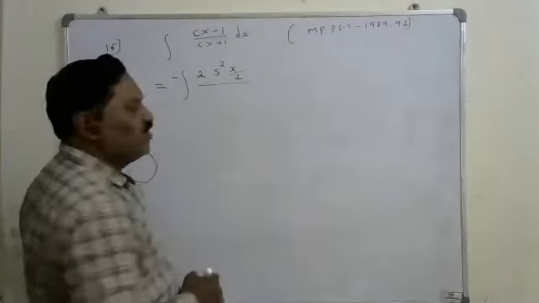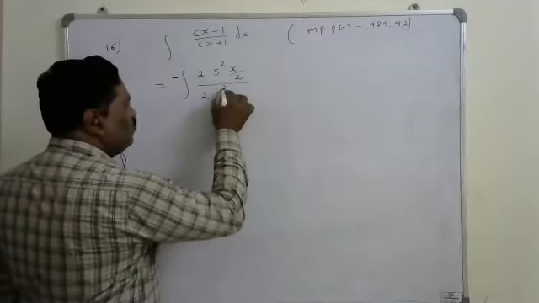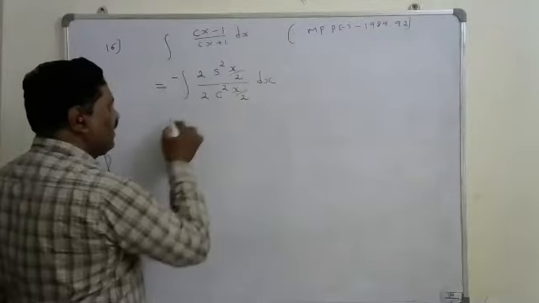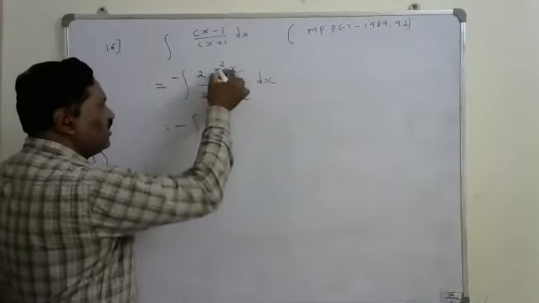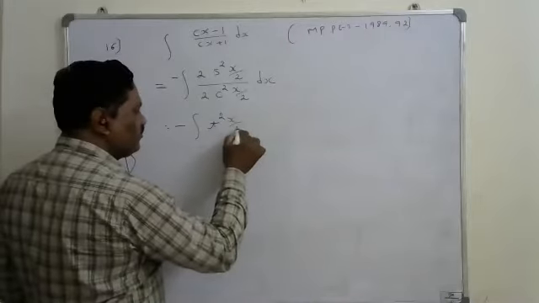Upon, how do you write 1 plus cos x in the denominator? 2 cos square x by 2 dx. Where 2 gets cancelled, minus integral sin square by cos square, which is tan square x by 2 dx.